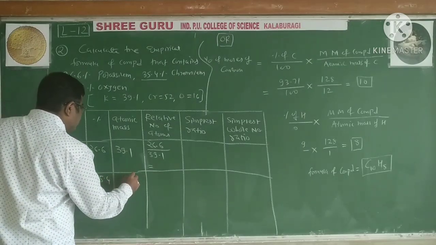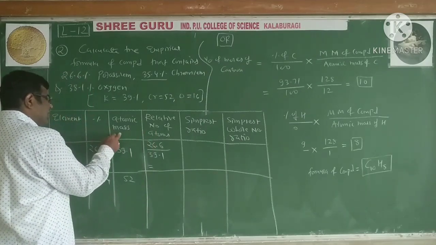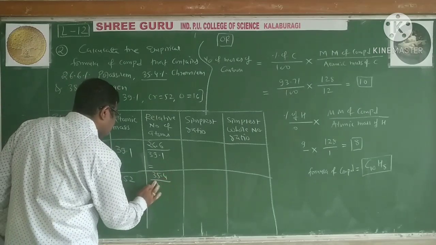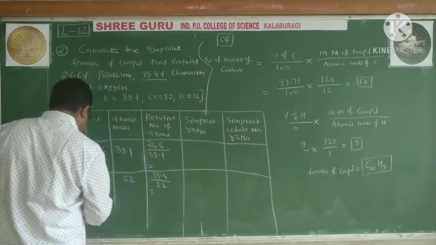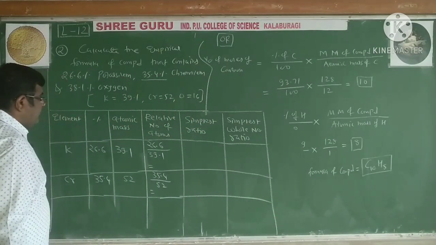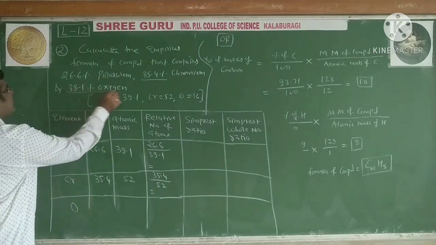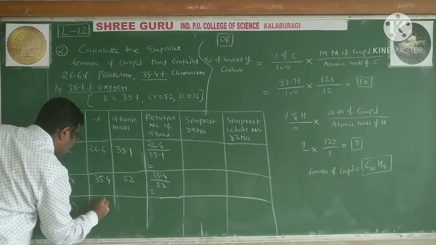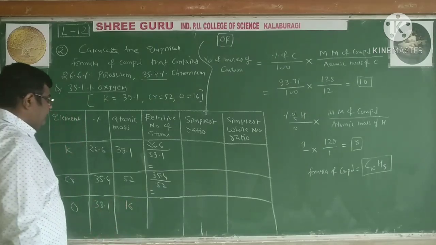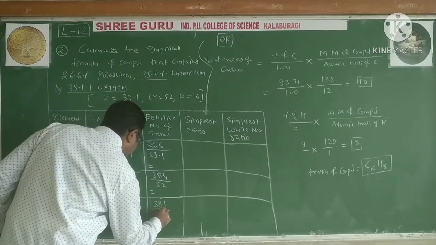Atomic mass is 52. Relative number of atoms is percentage of element by atomic mass, 35.4 by 52. And then oxygen, percentage is 38.1, atomic mass is 16. Relative number of atoms is 38.1 by 16.